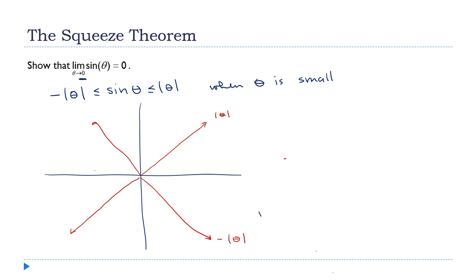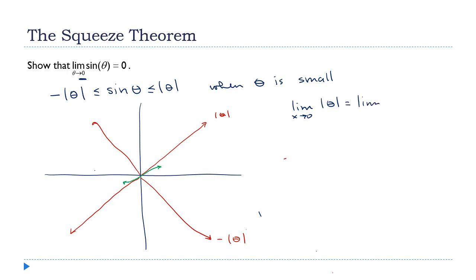And I know that my sine function is bouncing up and down, doing the things that sine functions do, but it has to stay between these two.